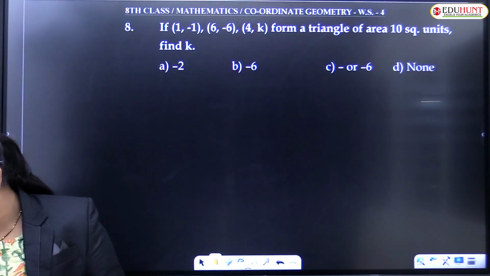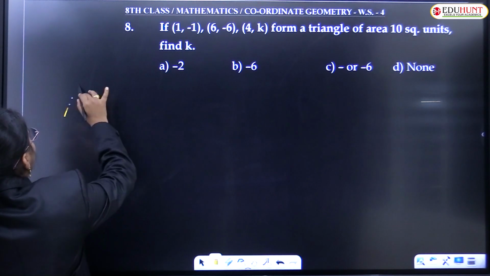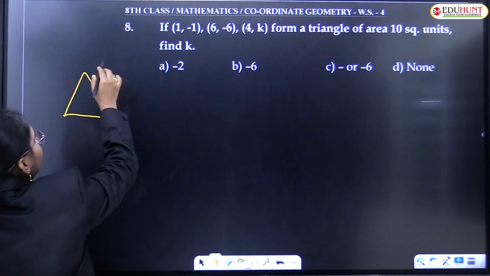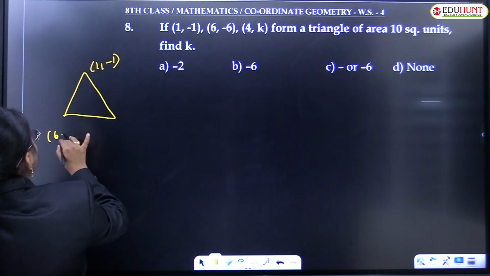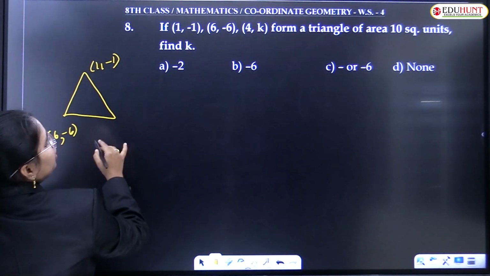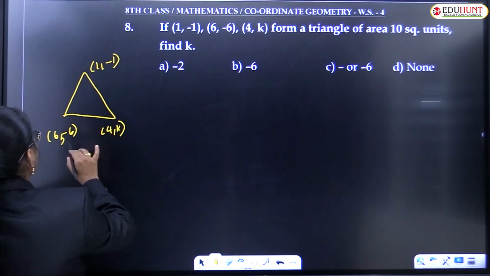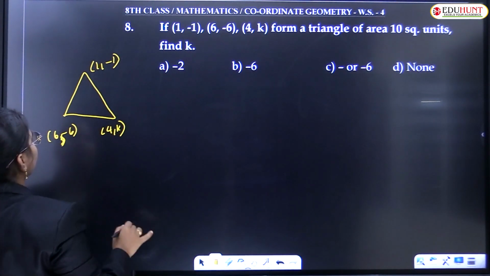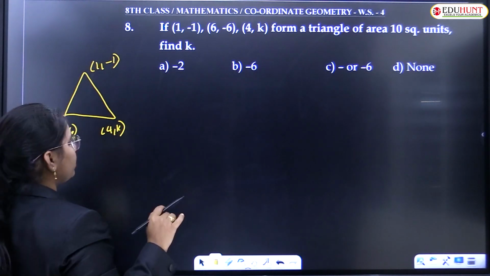So in which method am I going to find? As usual, it is finding a triangle. Those 3 are vertices of triangle. Let me express 1 comma minus 1, 6 comma minus 6, and this one 4 comma k. These are the three vertices of triangle, okay, which is having area 10 square units.